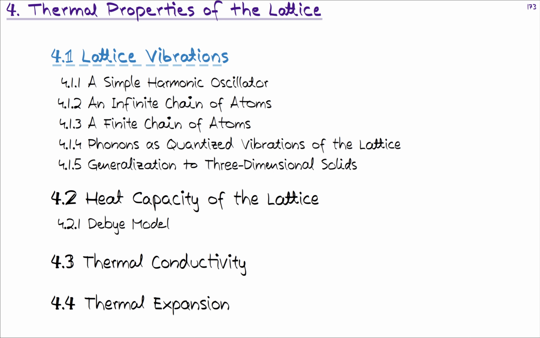So I will speak of lattice vibrations in general, and then I will progress in the second part into the actual section 4.1.1, which is discussing a simple harmonic oscillator system. And we will show that that will be used as the starting point in our mathematical treatment to understand lattice vibrations.